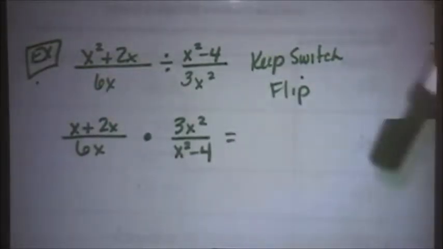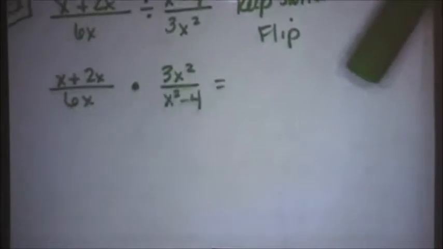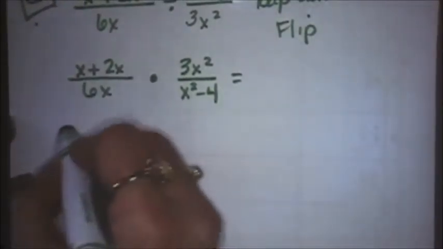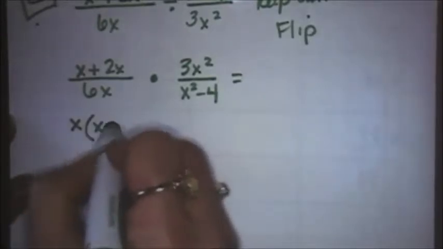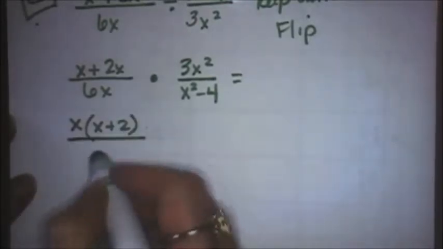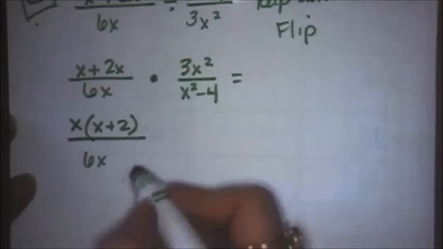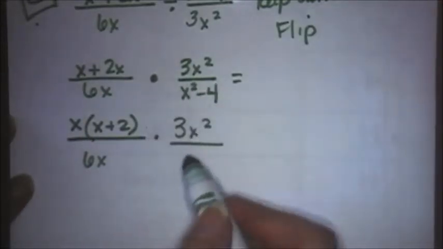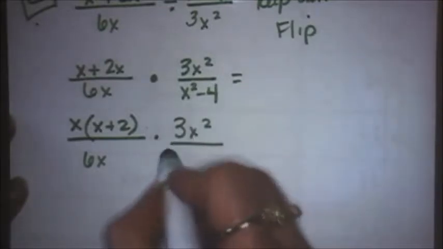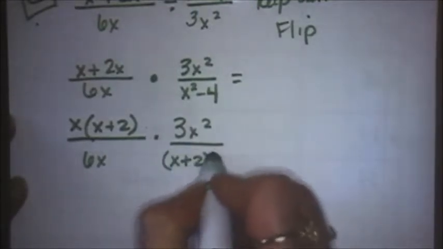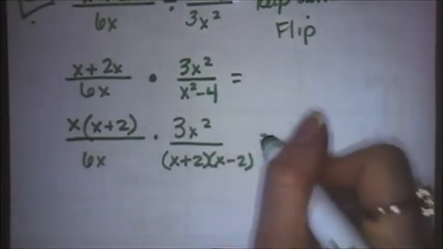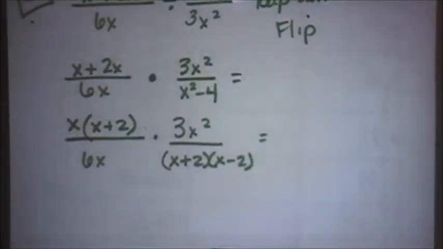So now I just need to factor anything that will factor. My first fraction has a GCF on top of x. So I factor that out and end up with x times x plus 2 and a 6x on bottom. And this denominator of the second fraction factors, it's a difference of two squares. So it factors as x plus 2, x minus 2. And now we can cancel any like factors if there's one on top and one on bottom.